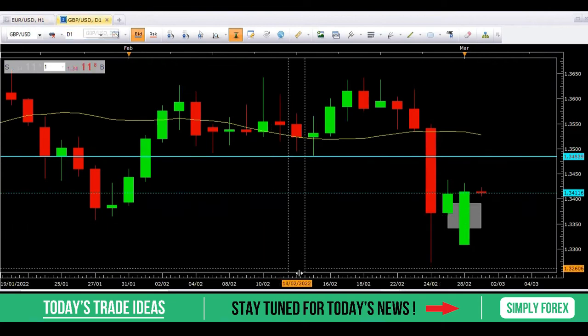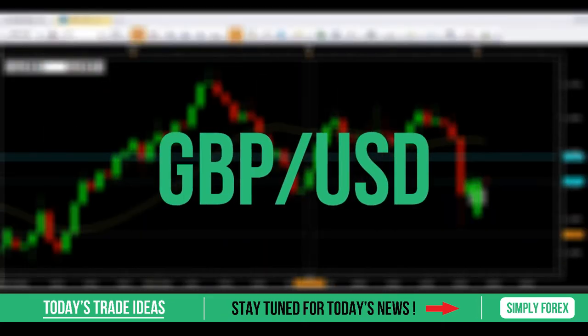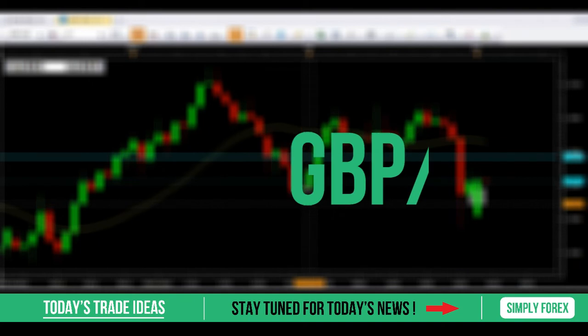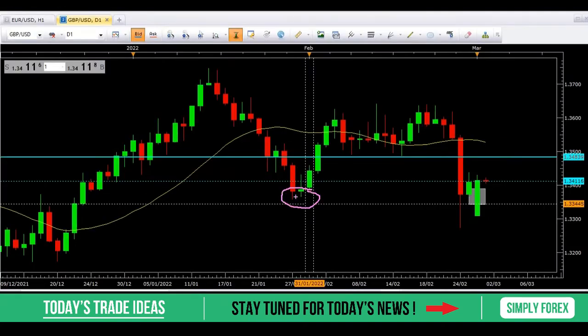A similar story with the pound against the US dollar. As you can see from this area here, these last lows, price never broke this low. Even with this quite bearish red candle, the wick bounced back up and closed back into this low.